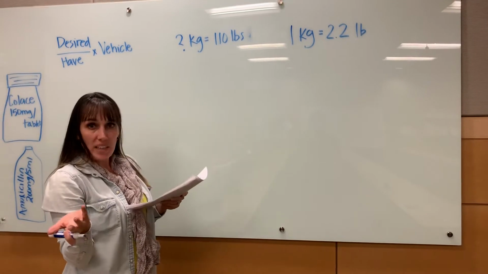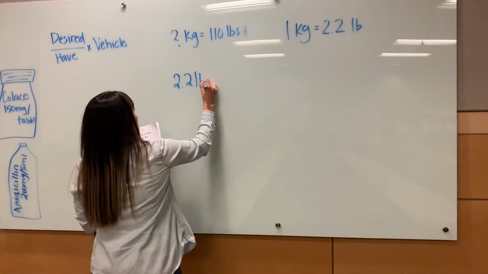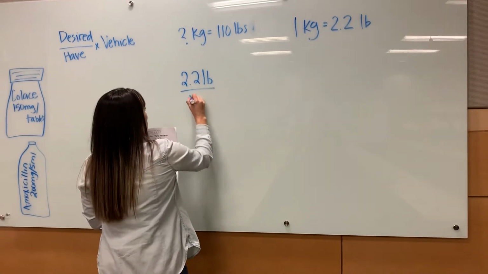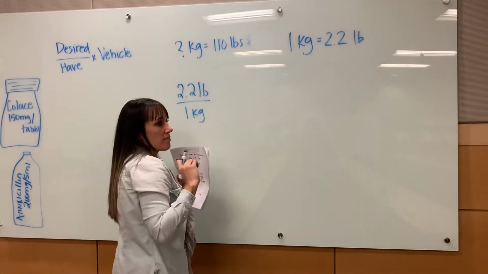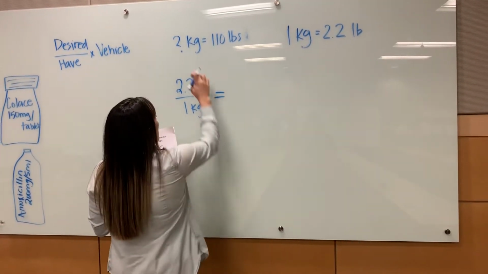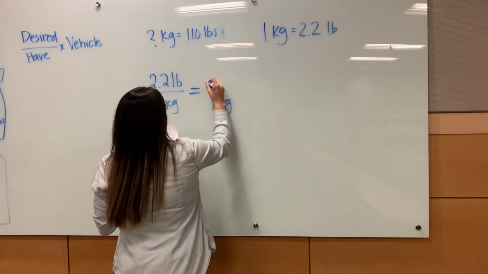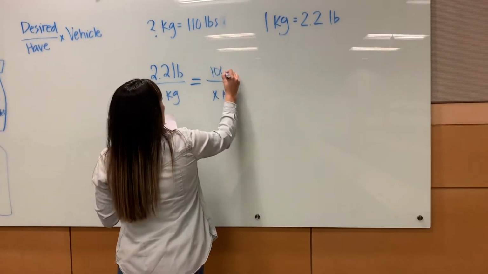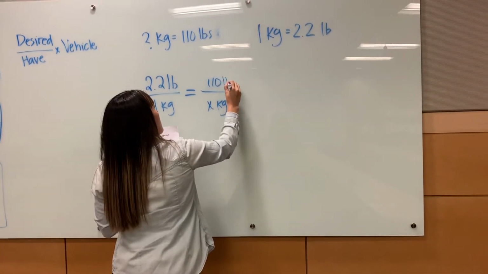So let's start with the ratio method. Ratio method would be 2.2 pounds over 1 kilogram. That is our standard conversion that never changes. And it equals, well, what do we want to know? We want to know kilogram. We're putting kilogram down here. X kilograms, 110 pounds.